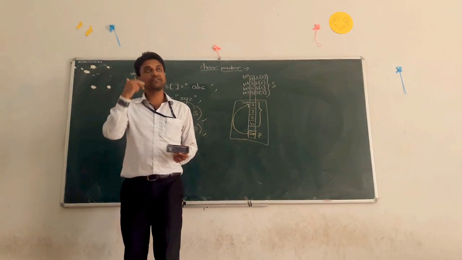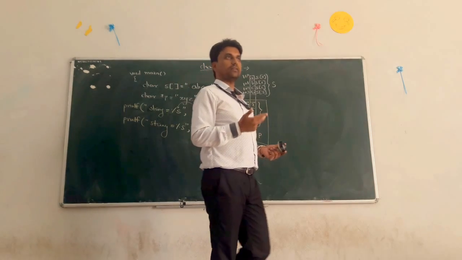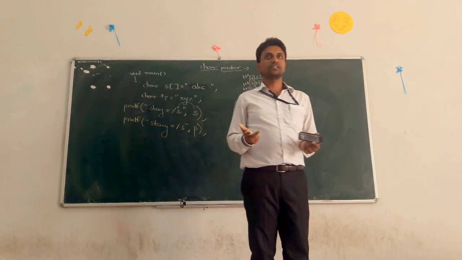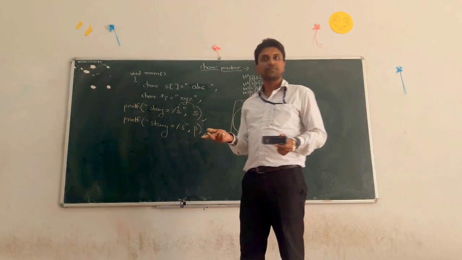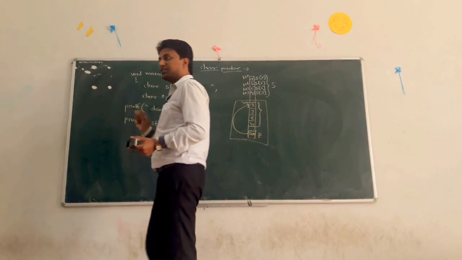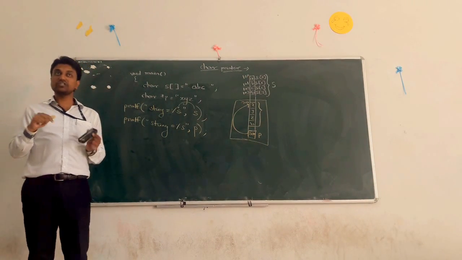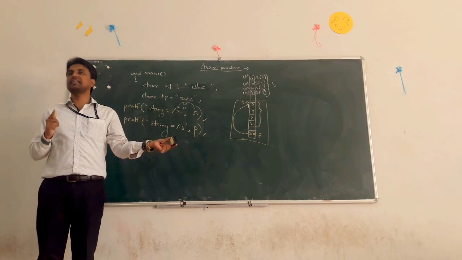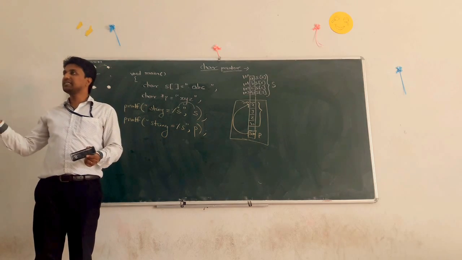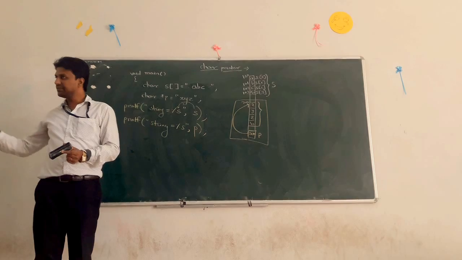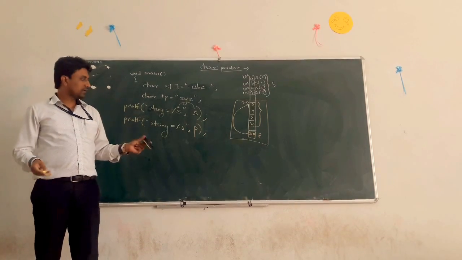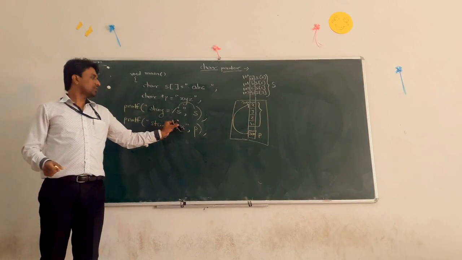For that there are different functions: string compare, string reverse, string copy. We cannot copy one string to another string using the equal to operator, the initialization operator. Clear? So strings are treated differently in C language, but value variables, that is int, float, double, long, are treated differently.